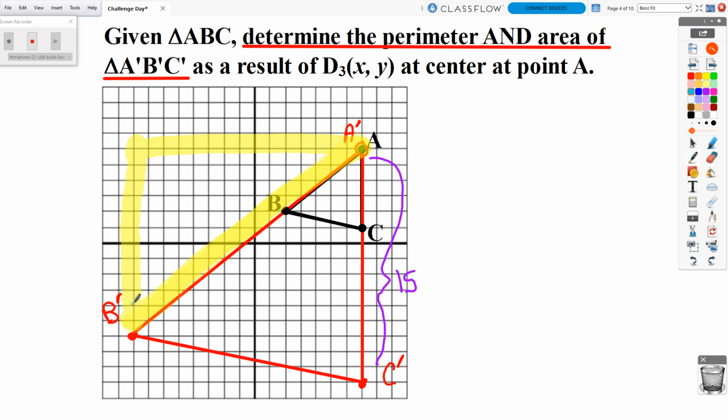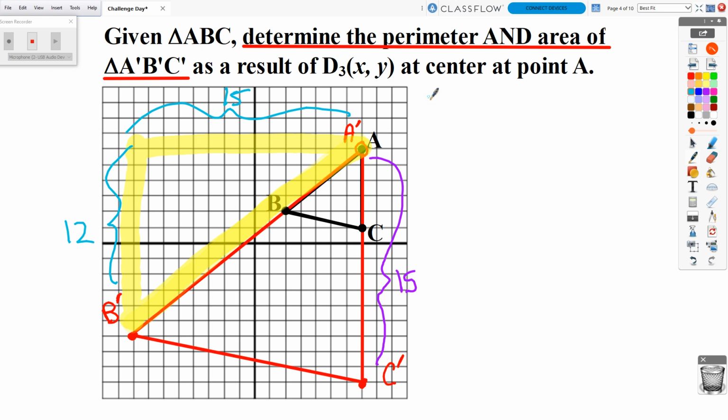We can go up 1, 2, 3, 4, 5, 6, 7, 8, 9, 10, 11, 12. So here's 12. And then how far did we go over to get to B? We went over 15, right? Yeah, we went over 15. So this should be 15. I hope I'm right, because otherwise it's going to be a terrible mistake. But I'm fairly certain we went over 15.